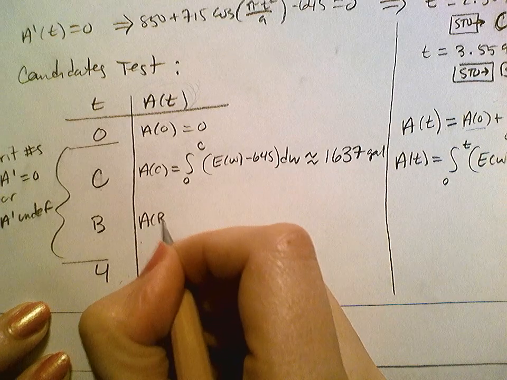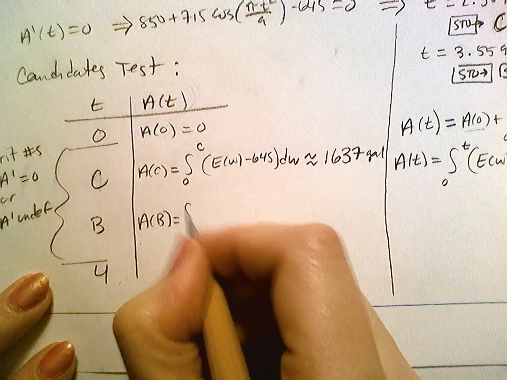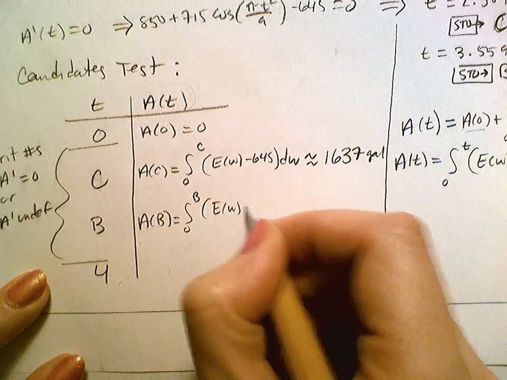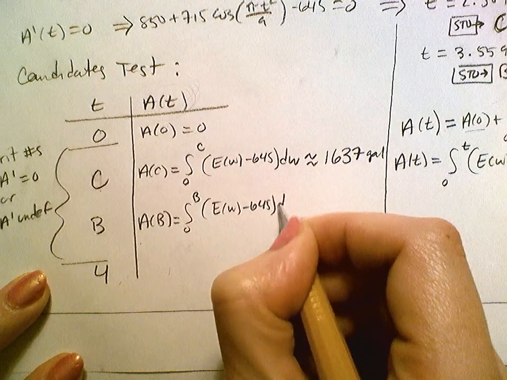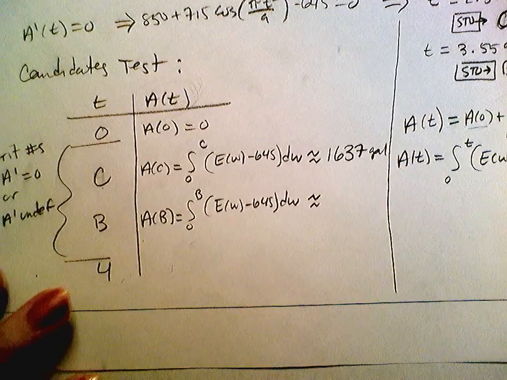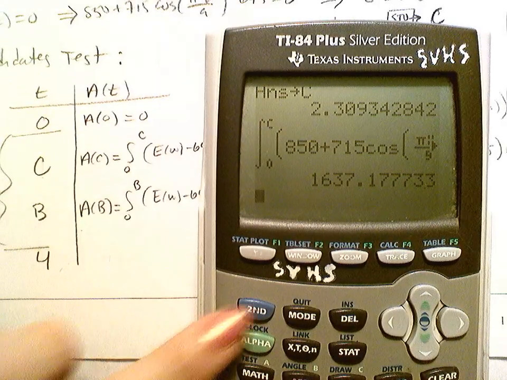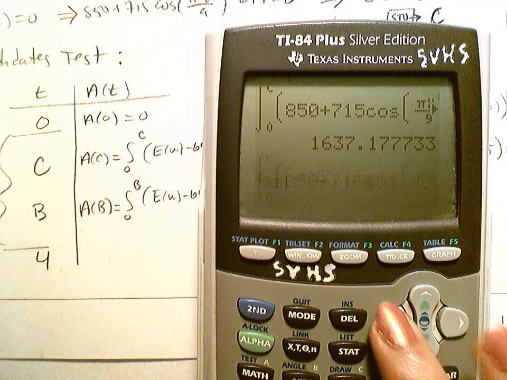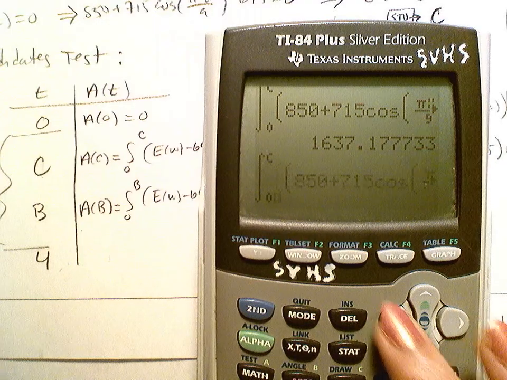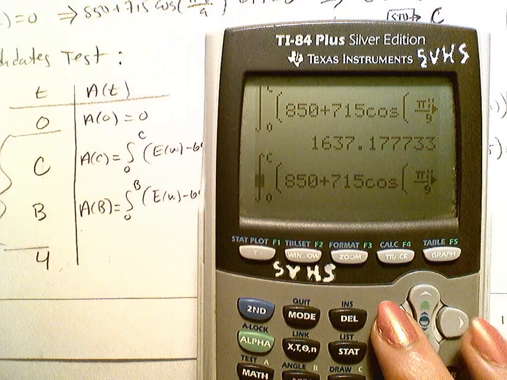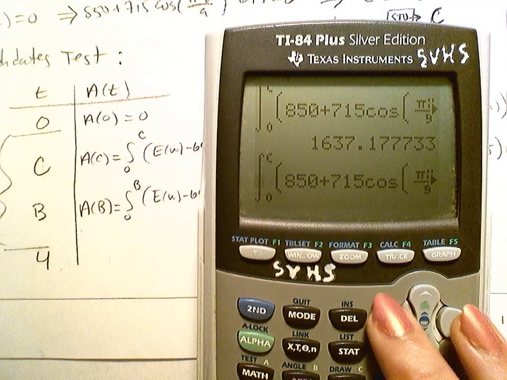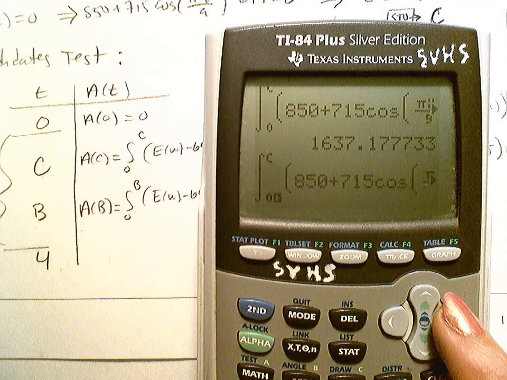So this will be A of B equals the integral from 0 to B of E of w minus 645. All right, and then this will be approximately. Oh, and I'll just go second enter, so I don't have to enter all that in again. Why can't I go up to the top?